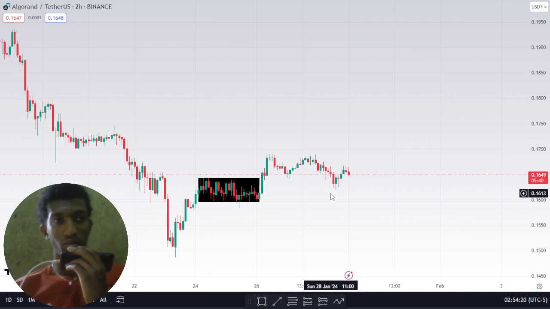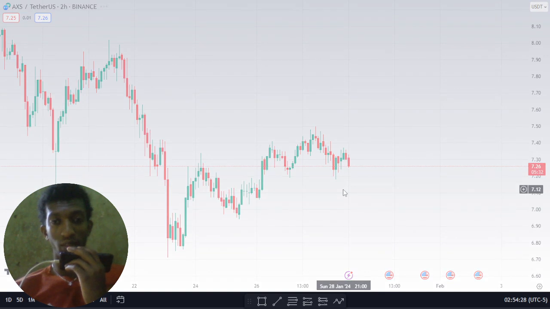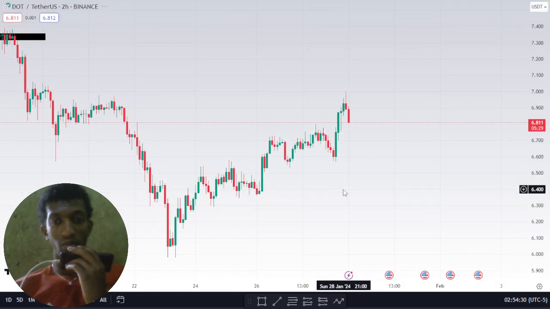No trade here too. Algorand, Axie. There is no trade here also. Everything is falling. So all cryptos are falling. As you can see, this DOT. Wow, DOT has moved a lot.